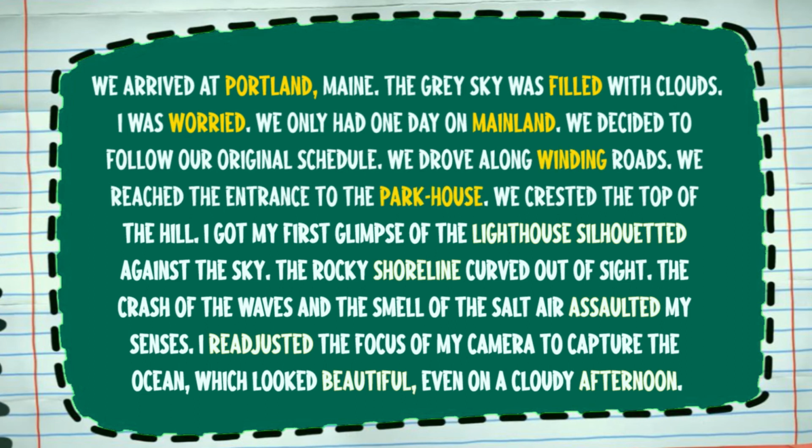The fourth, park house. The fifth, lighthouse and silhouette. In the sixth, shoreline. The seventh, assaulted. Eighth, readjusted. And the ninth, or the last line, we have beautiful and afternoon.